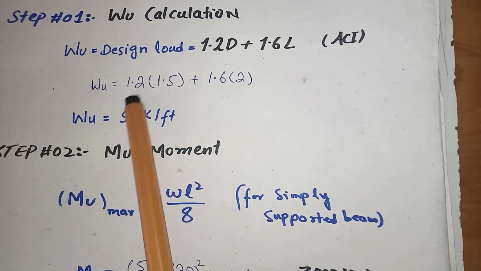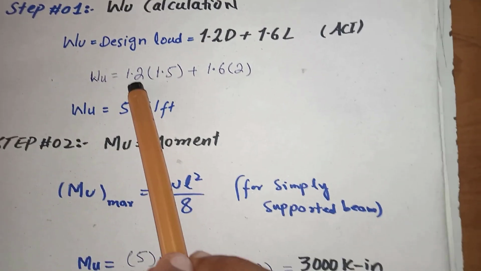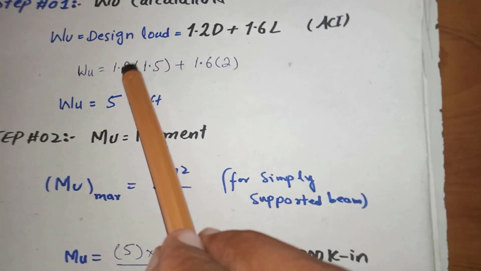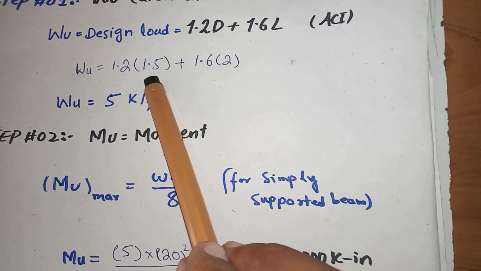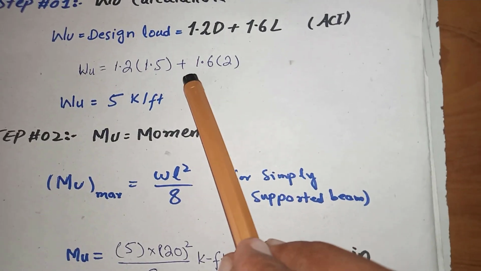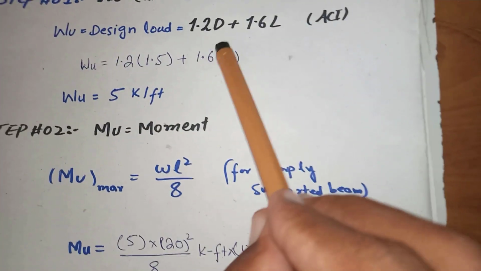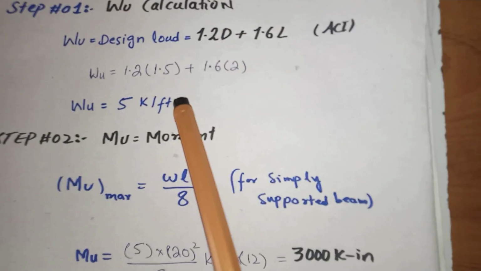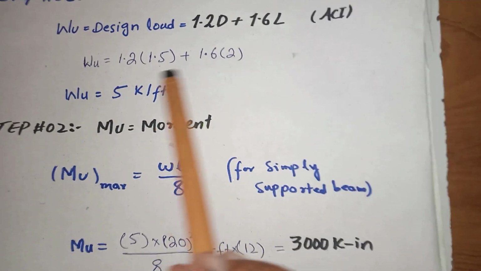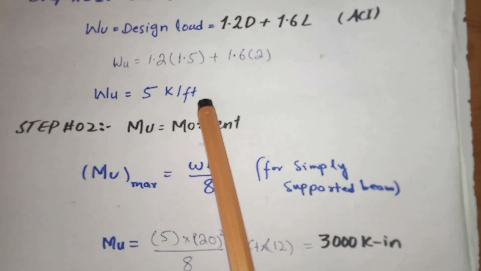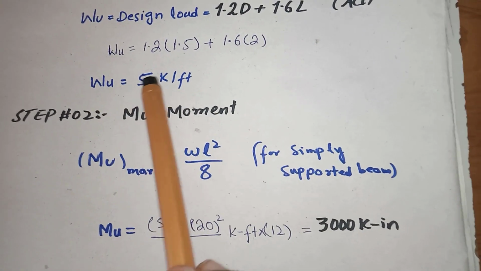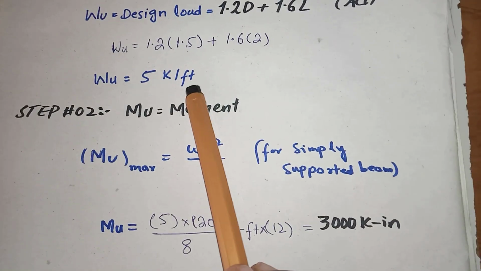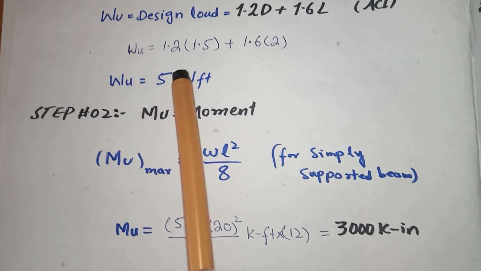So here we will just put those values. 1.2 is this factor, 1.5 was the load given to us, and then 1.6 is the live load factor, and 2 kip per feet was the live load. When we calculate this, it becomes 5 kip per feet. This is the total load for which the beam is to be designed. So this is one step.